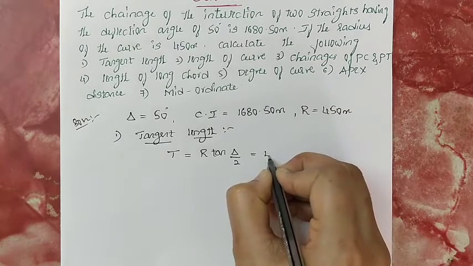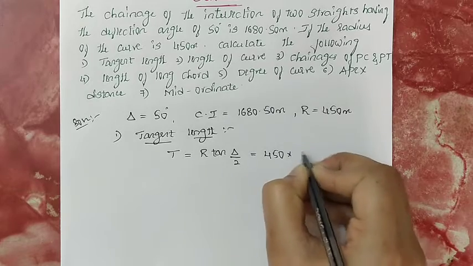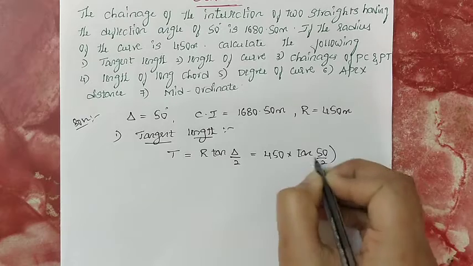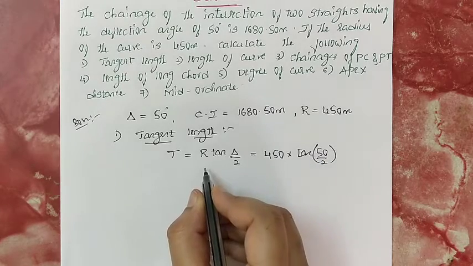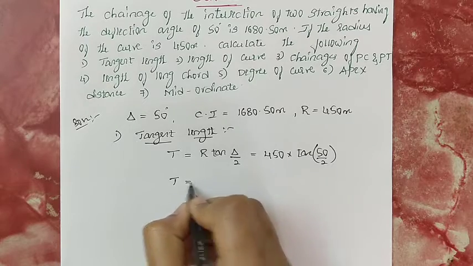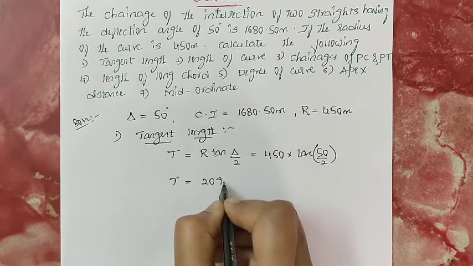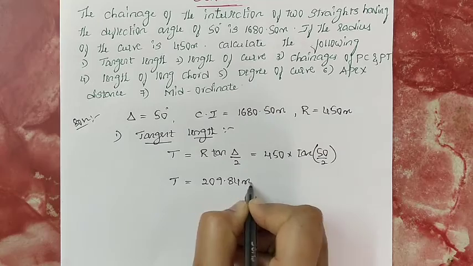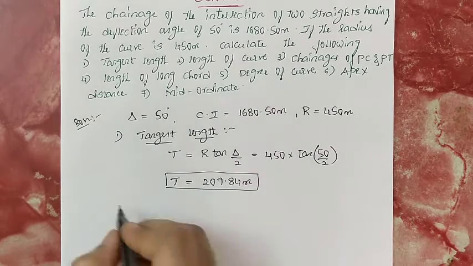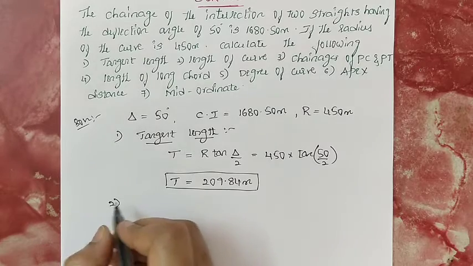R value 450 multiplied by tan of delta value 50 divided by 2. This is the formula to calculate tangent length of a simple circular curve. Then you will get T equal to 209.84 meters. This is the tangent length.